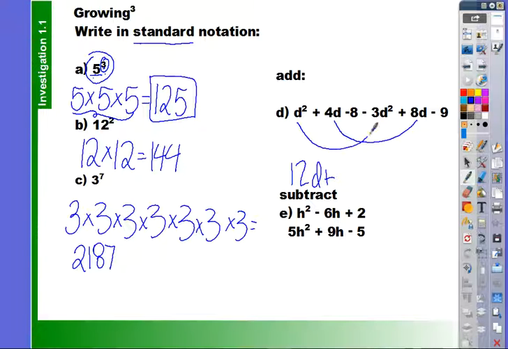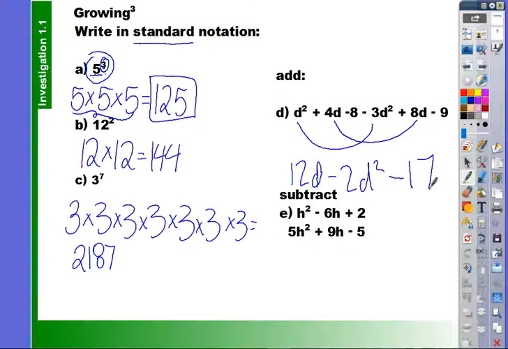If you add those, you get negative 2D squared. And then after this, all we have left is negative 8 plus negative 9, and that's negative 17. All right, so thumbs up, thumbs down?